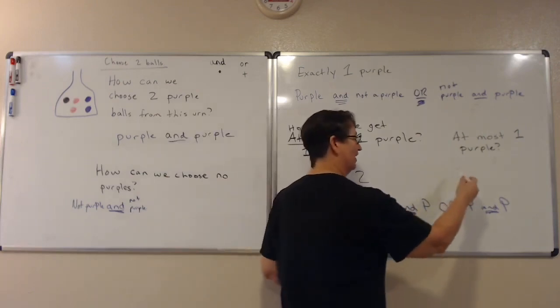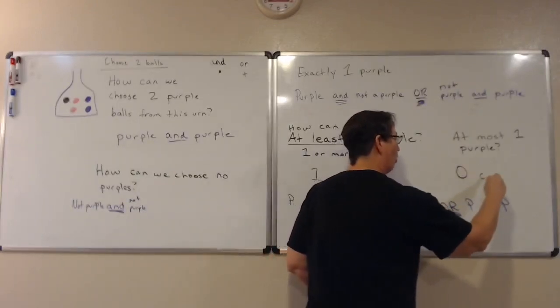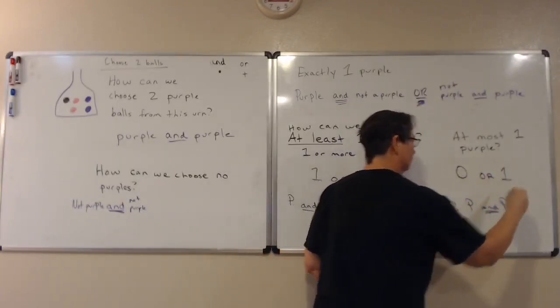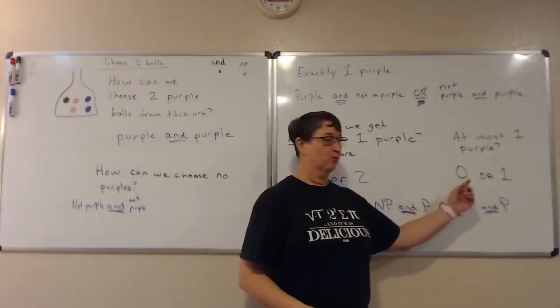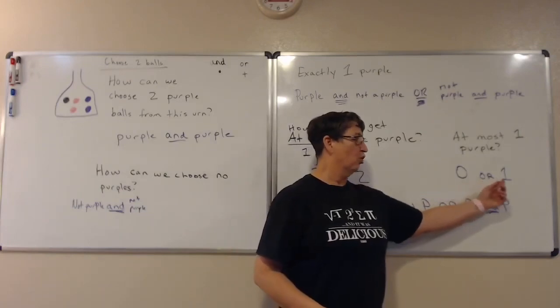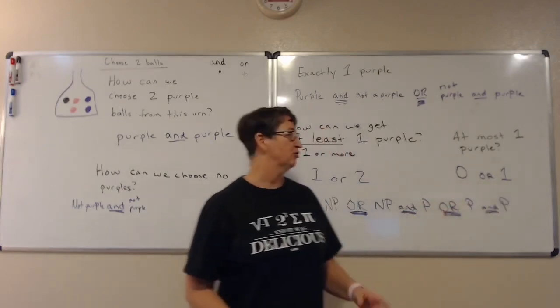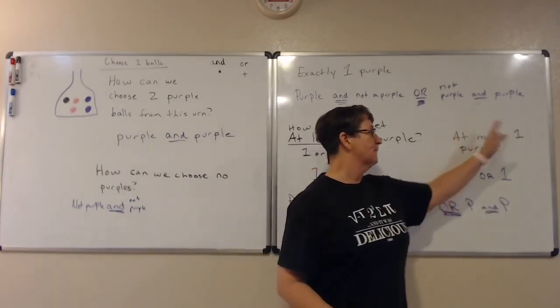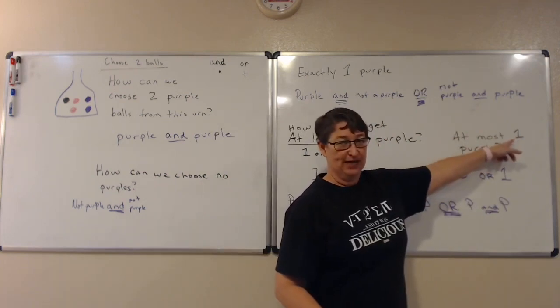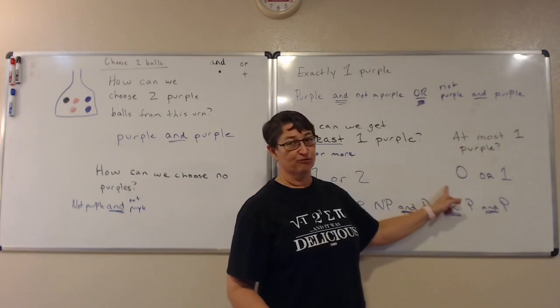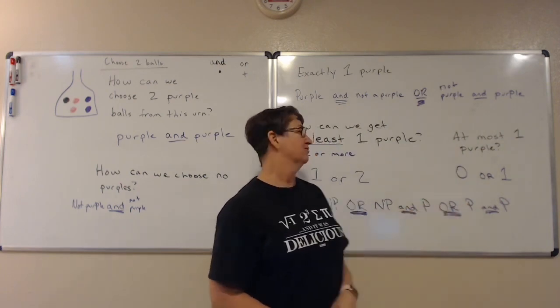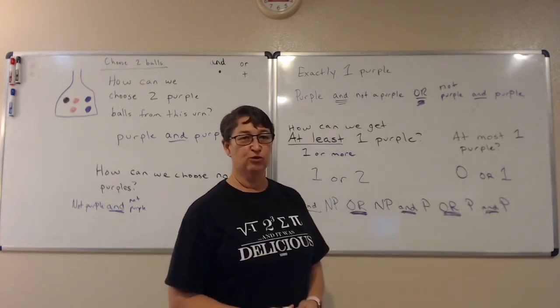So we could do 0 or 1. Notice how we've got that conjunction in there. So that's what we want, 0 or 1. Those are the numbers that we could do. So if I can drink at most 1 Diet Dr Pepper a day, then I could drink 1, or the doctor would really prefer I have 0, right? So at most 1 means 0 or 1.